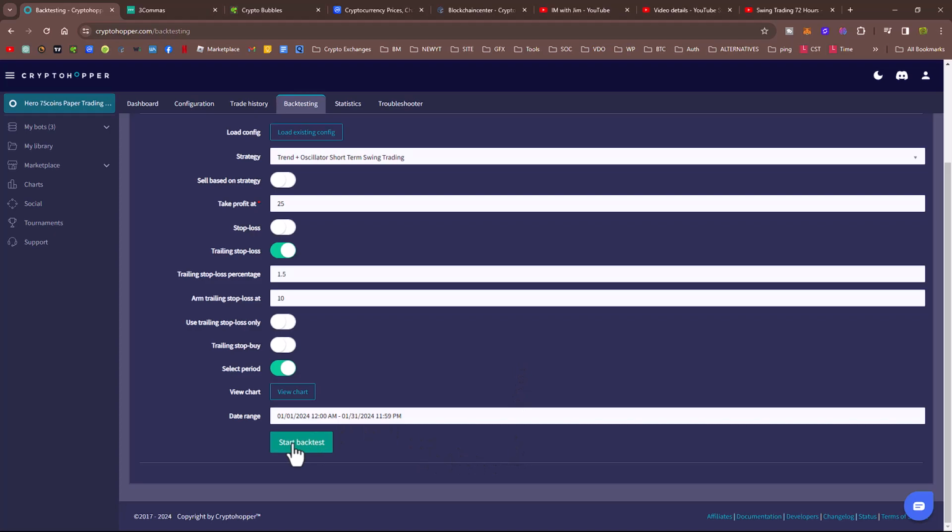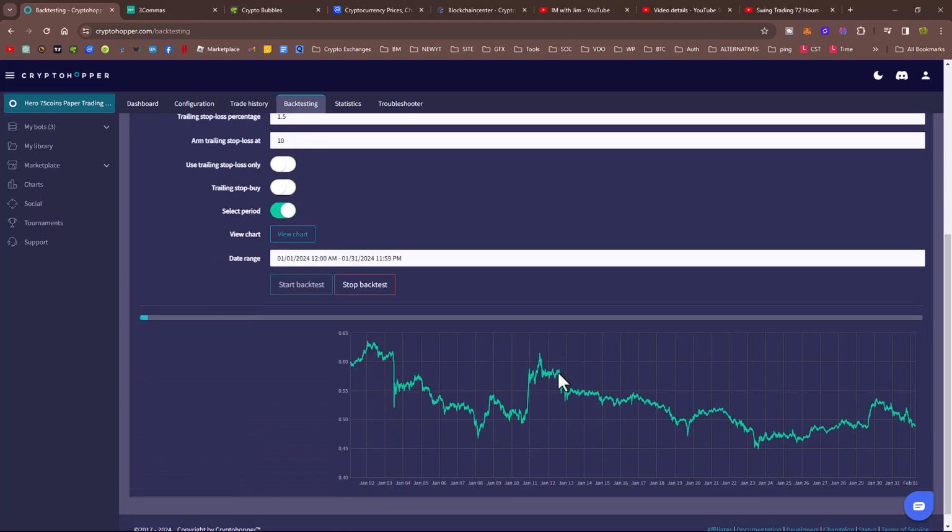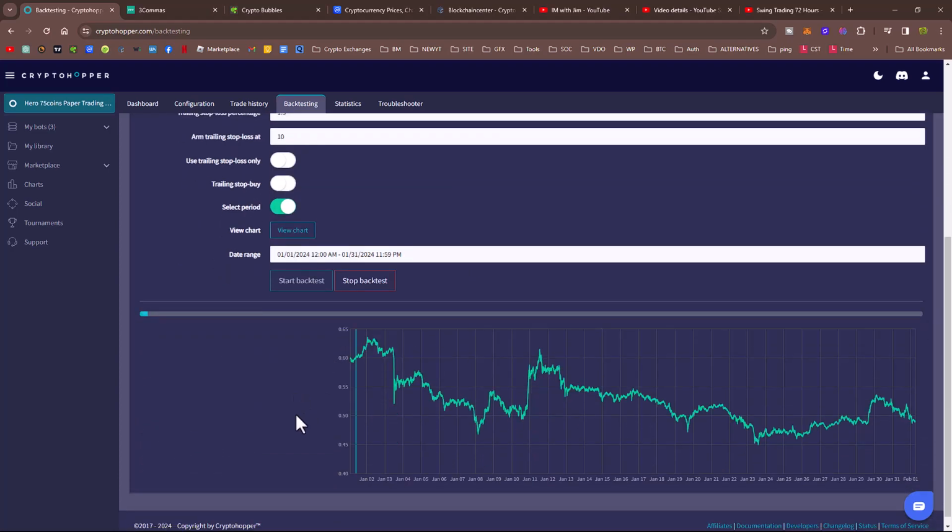Now I'll pause the video recording because this takes 3 or 4 minutes to test. The longer the period of time you're backtesting, obviously the longer it takes to backtest it. I'll just start it off for you to see, so you guys can see what it's doing there. So it's looking for buys and sells, and it's going through.